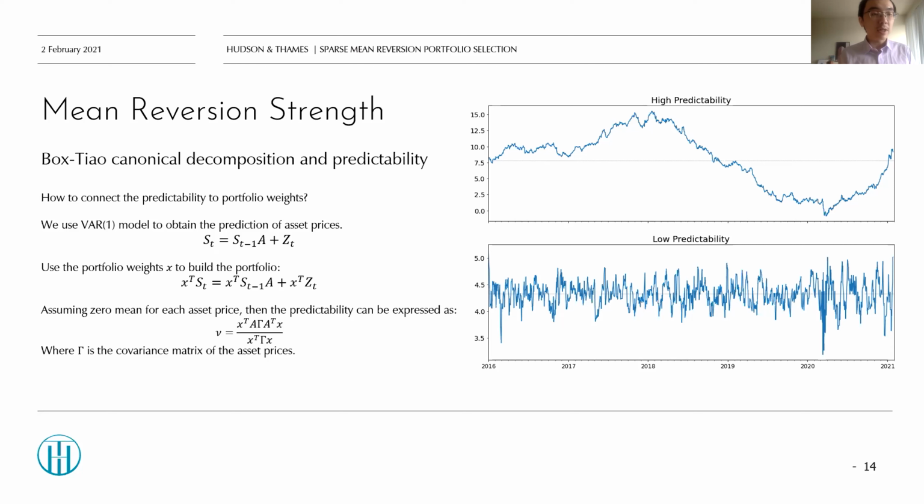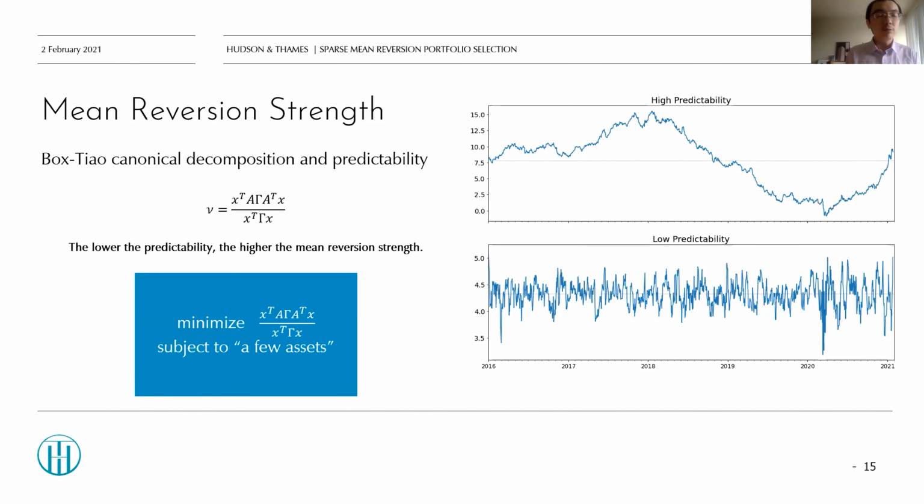And in this formula, gamma is the covariance matrix of the asset prices, and the covariance matrix is key to solving the sparse mean reversion portfolio selection problem.